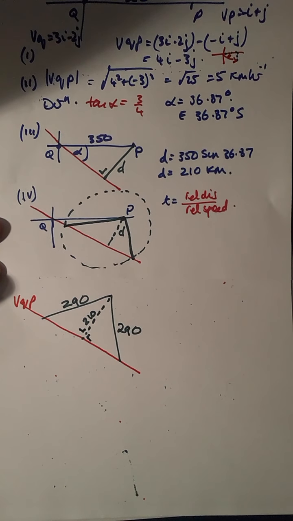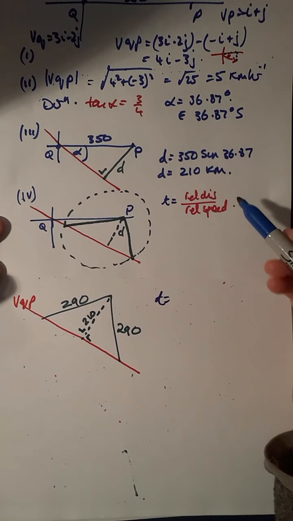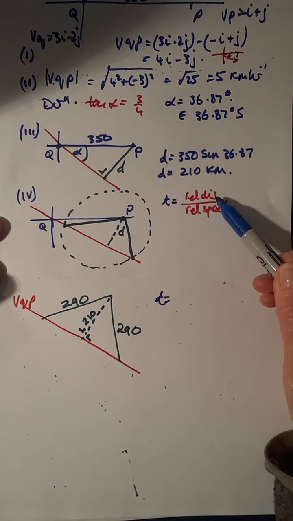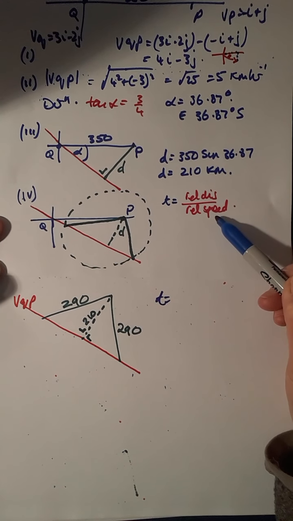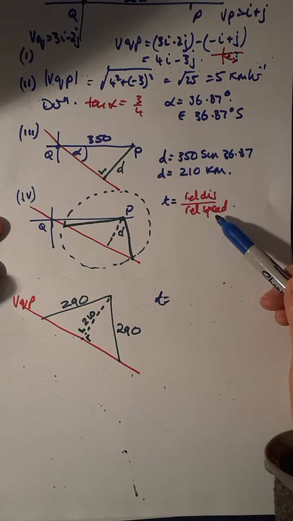Okay, so the time, we said, was the relative distance over the relative speed. The relative distance on the relative velocity line and the relative speed of the relative velocity line. So it's all about the red line again.